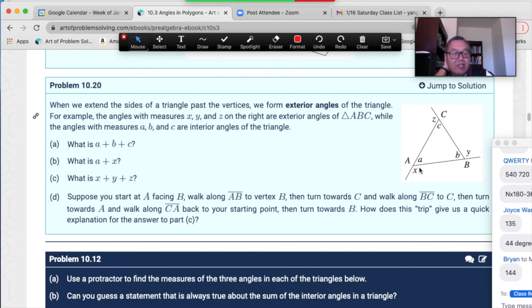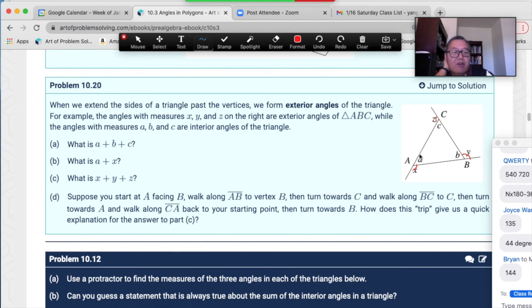If you extend CA, make it longer, then you form an angle here. Suppose this one is called X. Then you extend AB, and you form an angle here, we call it Y. Then you extend BC, you form an angle here called Z. Then they ask you, what is A plus B plus C?